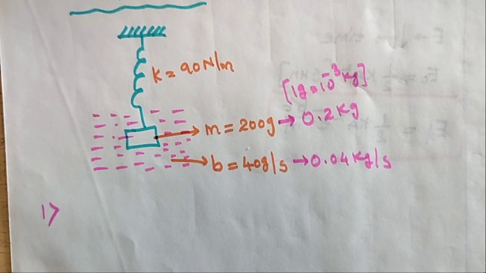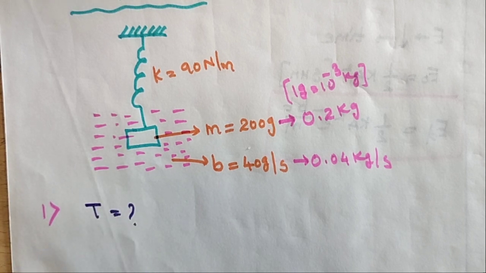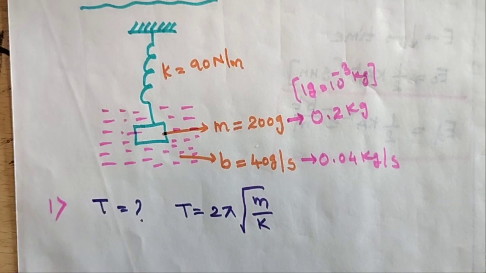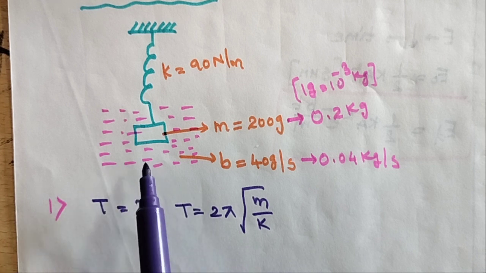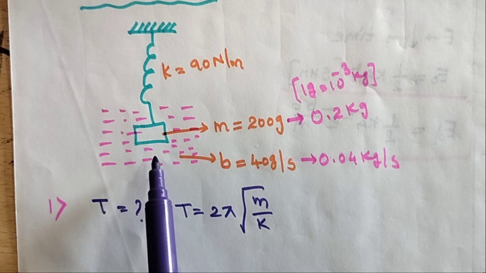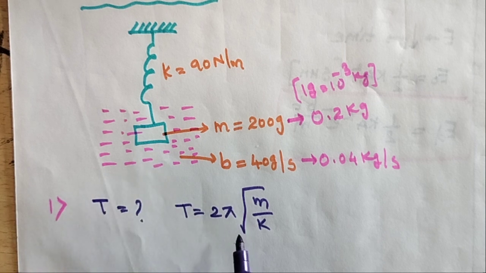What is the first question? You can calculate the time period. What is the equation of the time period? T is equal to 2 pi under root of m by k. This is the time period of the spiral spring. This time period is independent of the medium, whether air or water, in any case T is equal to 2 pi under root of m by k.